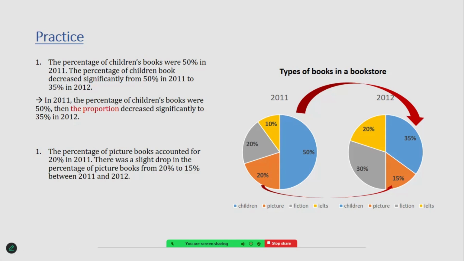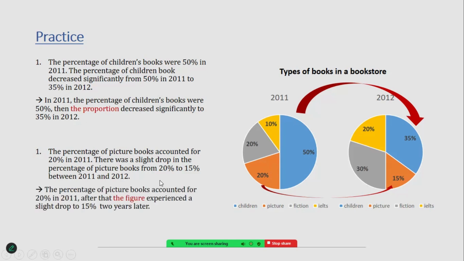Let's do something similar with the second example here. So I did the same thing. I keep the first sentence, and for the second sentence, I just keep the part that's different. And the figure means the percentage, the proportion.